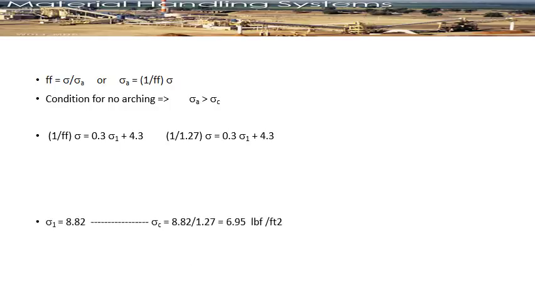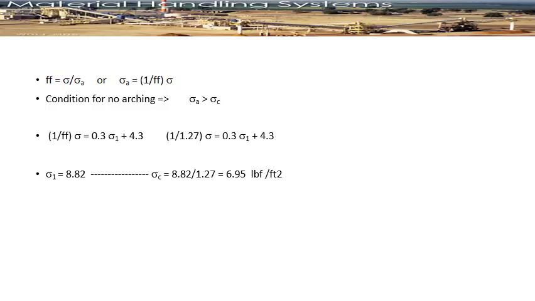By substituting this value, we can find that sigma 1 is equal to 8.82 pound force per square foot. Then sigma critical is simply found by using the equation we had at the top there. We just divide by the flow factor, and then we find that the critical sigma is 6.95 pound force per square foot.